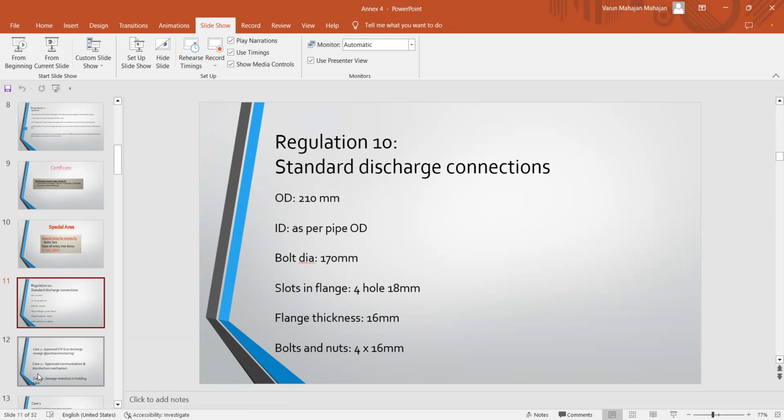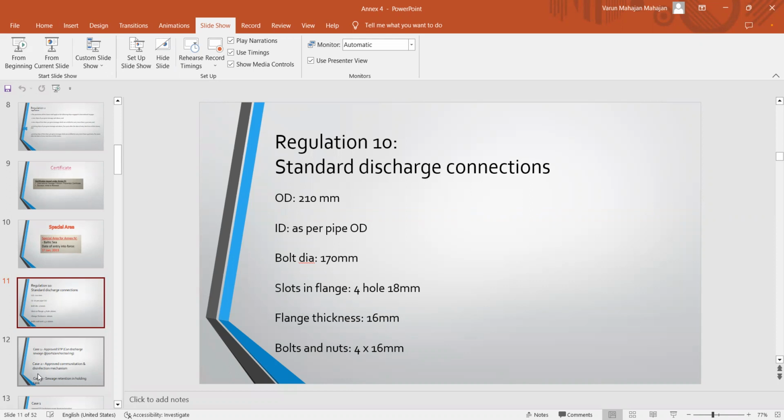Okay, sir. So these are the discharge connection standards. Nothing much to explain in this. If you want to write, you can write it down. Sometimes, not always, but here and there, they ask what the discharge connection standard is for Annex 2. You must have seen that discharge connection on the main deck, right?